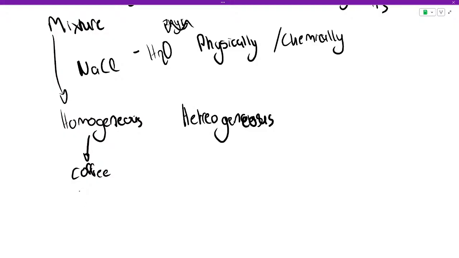However, with heterogeneous, for example, let's say a mixture of salts, let's say ice in a drink, you can still physically tell that there's ice cubes in the drink. So that's the only difference, whether you distinguish it physically or not.